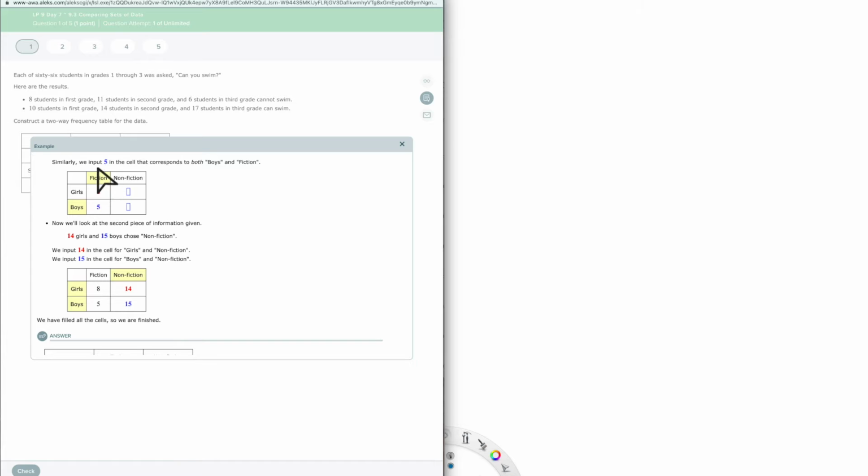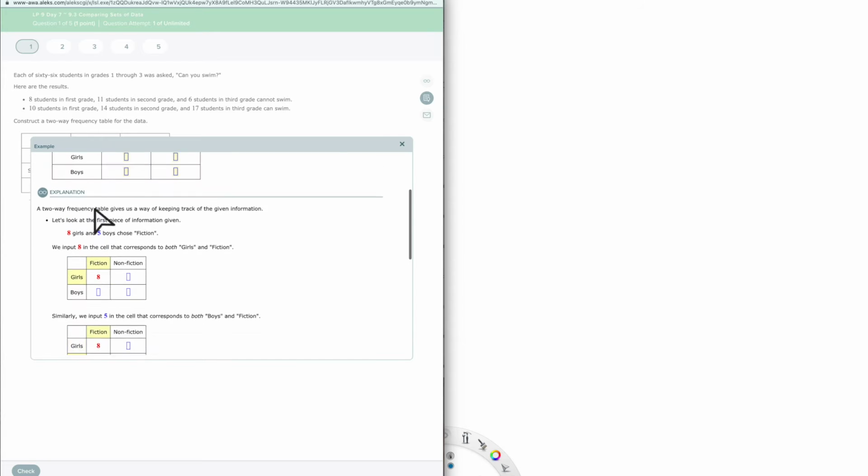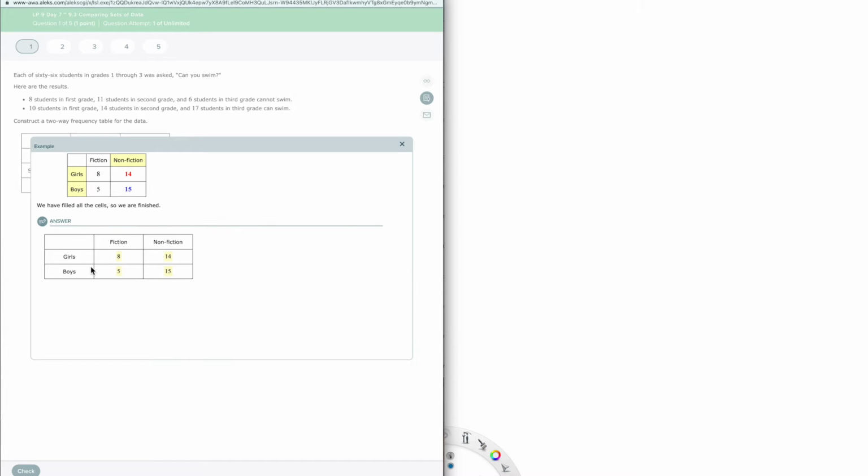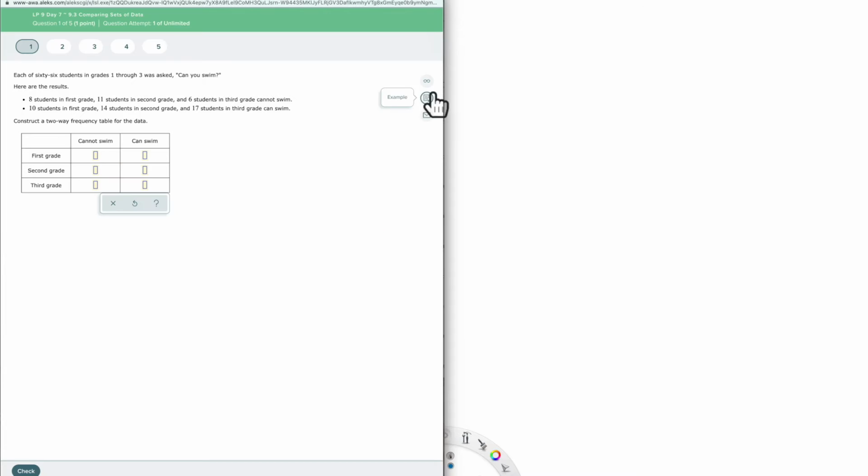Okay, well, they told us that it was 5 based on some information that they gave us up top here. So we can fill this chart in. It's just a way of organizing our data. We can click on this for another example if we'd like. We can also message our teacher directly from the screen. It attaches a picture as well, so your teacher knows exactly where to come help you.